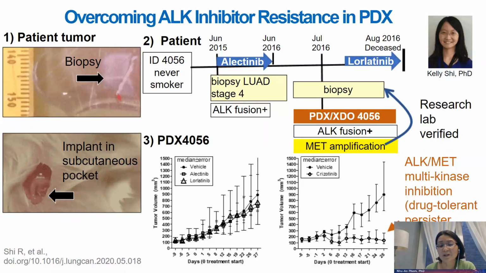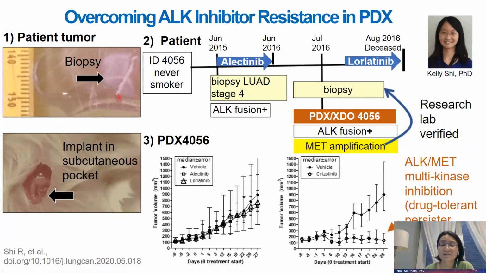This caused some excitement because, as you can see from the clinical timeline, here the patient is resistant and has progressed from the first line of ALK targeted therapy. And so the next line of ALK targeted therapy is lorlatinib for tumors that are resistant to alectinib. So we were surprised to see some sensitivity here.